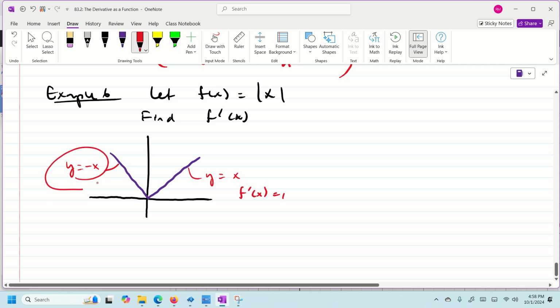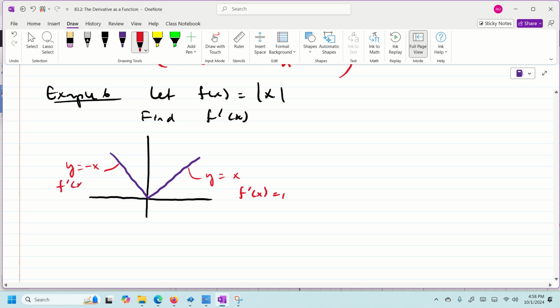On the left-hand side, using a similar argument, the slope, your derivative, is going to be negative 1. So on the left-hand side, the derivatives are always negative 1. On the right-hand side, the derivatives are always positive 1. Cool. But what about at 0?